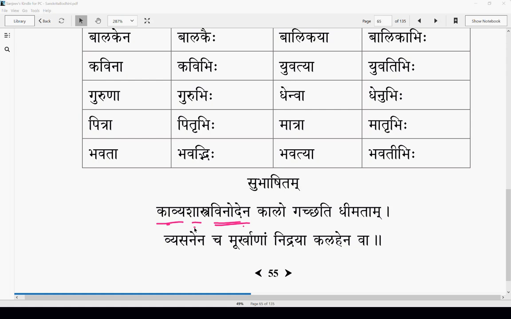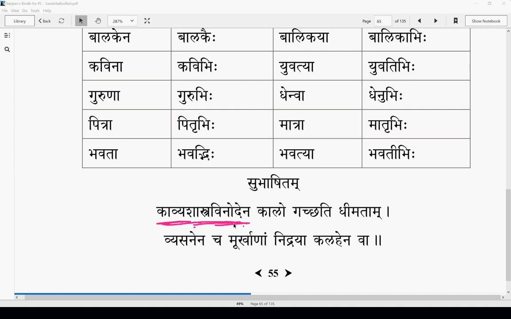So here Vinoda comes in the meaning of, suppose I get together with my friends in free time and I just pass my time joking or talking about something, talking about this. So Kavya Shastra Vinodena, by talking or discussing about poetry or Shastra, meaning science or some scripture, scientific things.